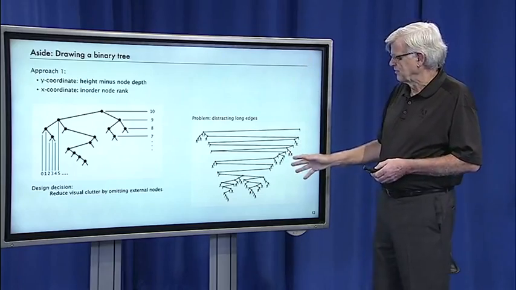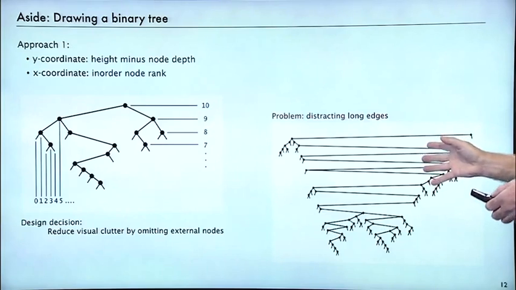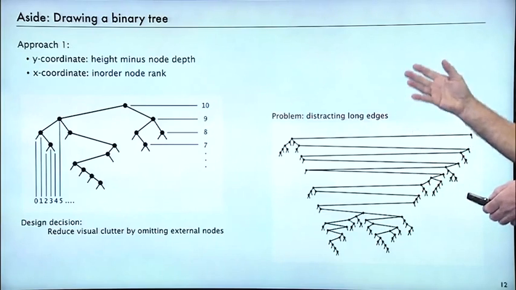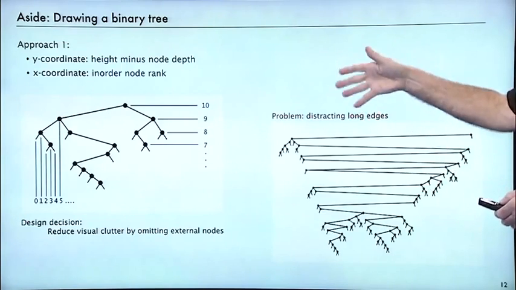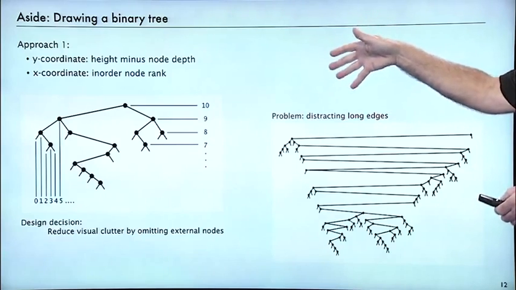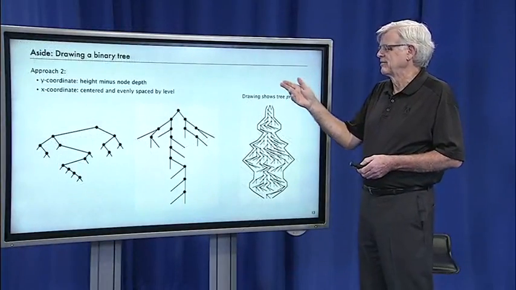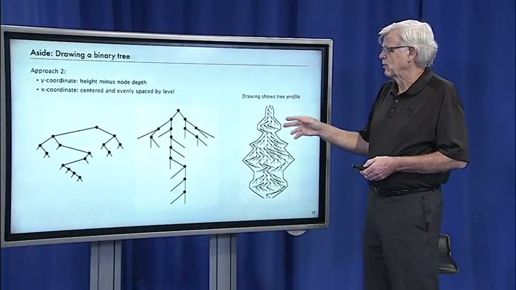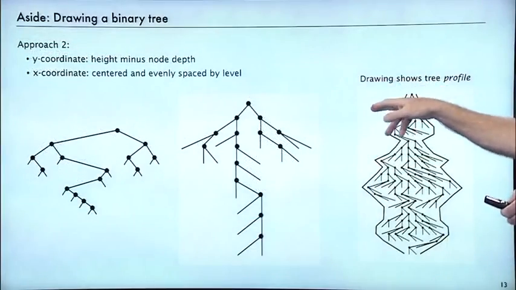Now, there's a problem with this, which is that you get distracting long edges for some kinds of trees. Particularly for, say, binary trees that represent general trees, and you can use a similar algorithm like this for general trees, by the way. But anyway, that's a problem. So what we do sometimes is take the x-coordinate, and at every level, we just evenly space the nodes.